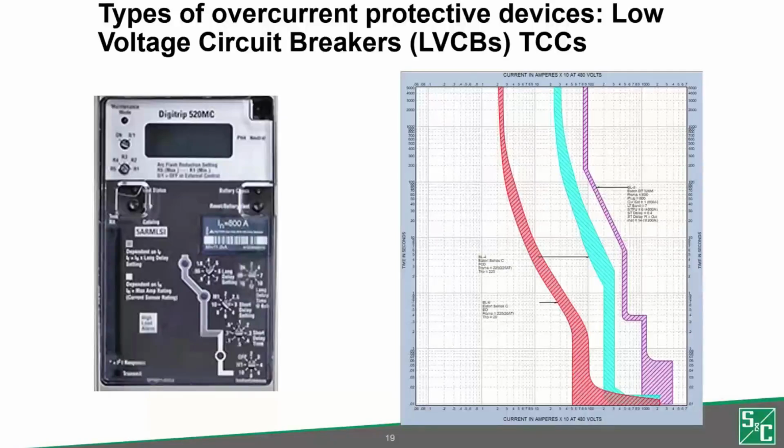Most low voltage circuit breakers can only detect phase faults, but some electronic trip units can be configured to detect ground faults, and they come with a G element for ground faults.